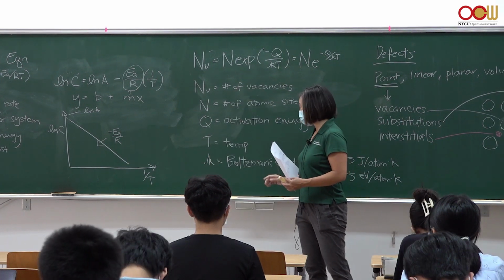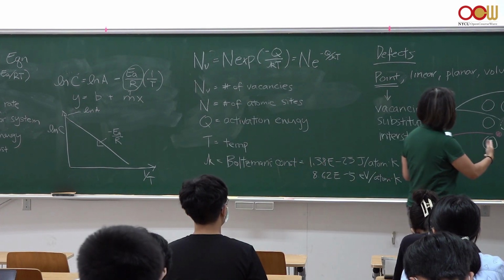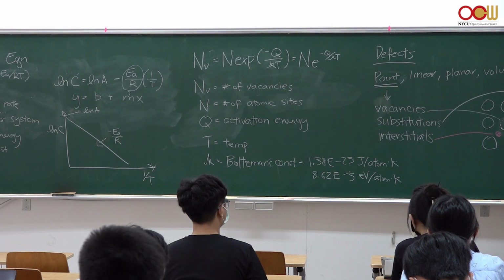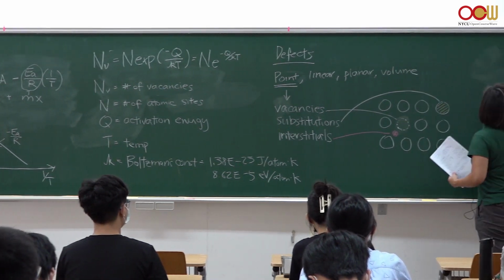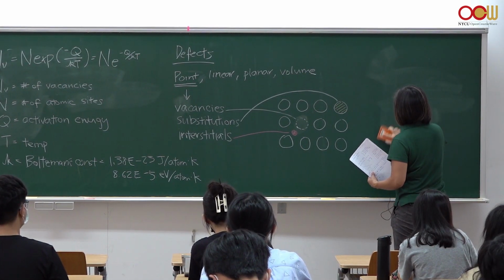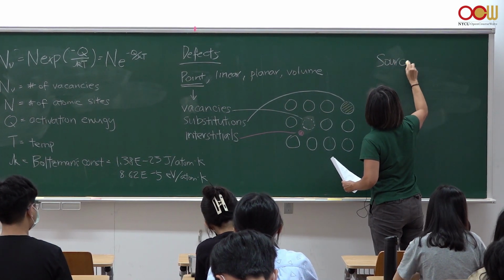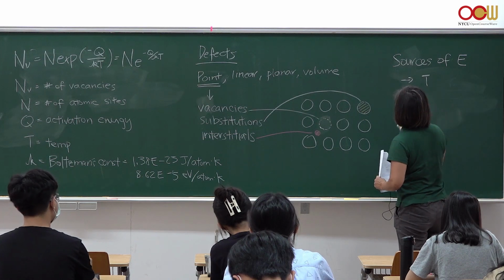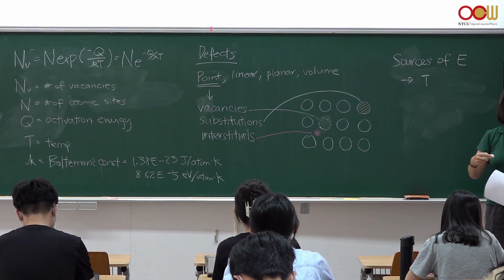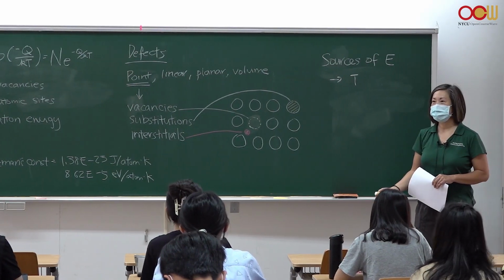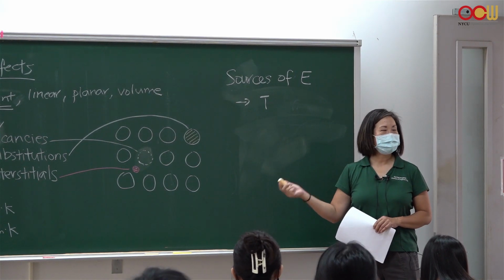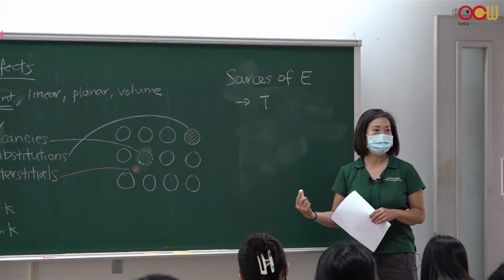So that's one way of adding energy into a system for vacancies to happen. What are some other sources of energy to create a vacancy? We know we have temperature. Any other way to add energy into your system to create vacancies? We mentioned that defects are something that we can control, right?